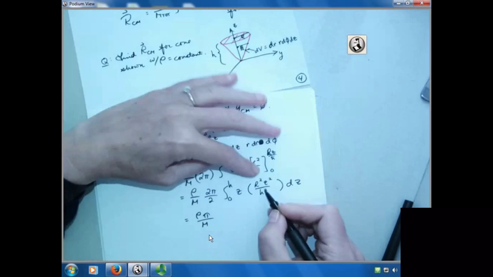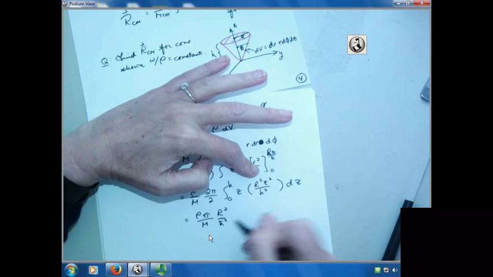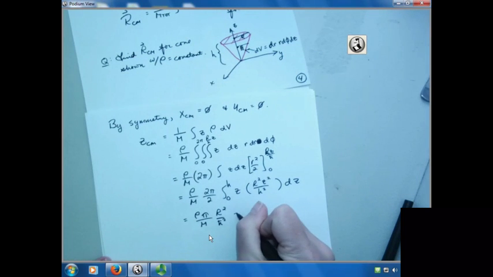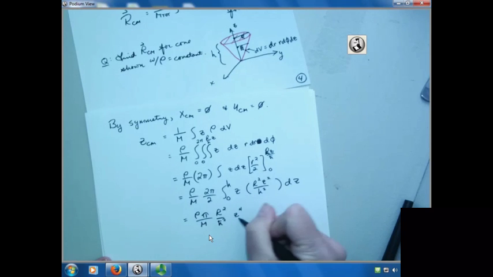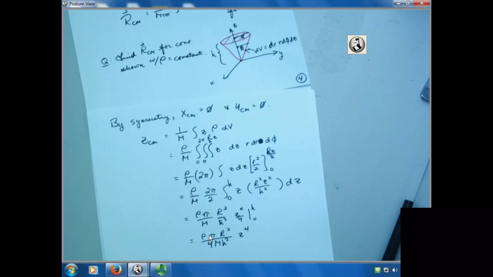Any other constants I can pull up front? I've got R squared over h squared, and then the integral of z cubed dz, which gives me z to the 4th over 4, that I have to evaluate from 0 to h. And I get rho pi R squared over 4 m h squared times z to the 4th. So there's one expression.